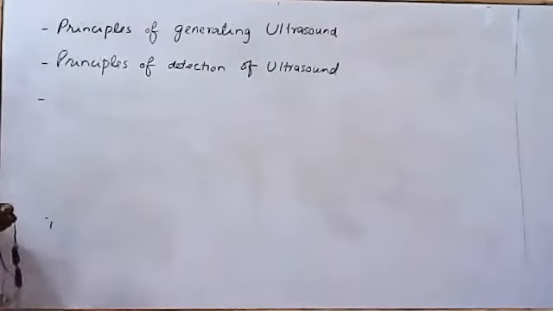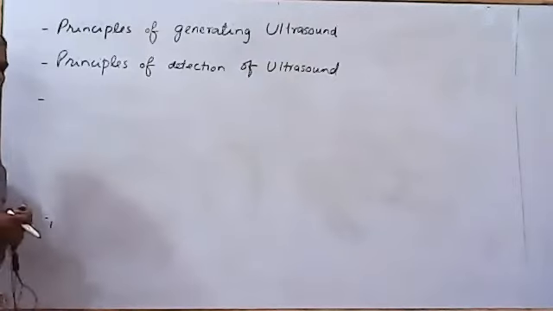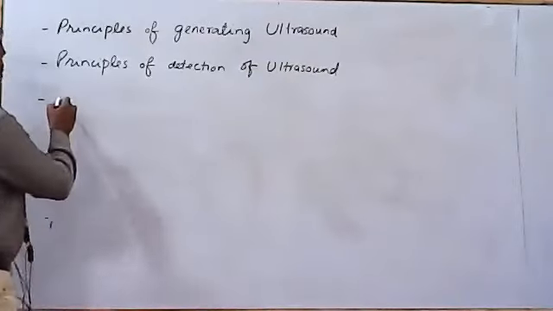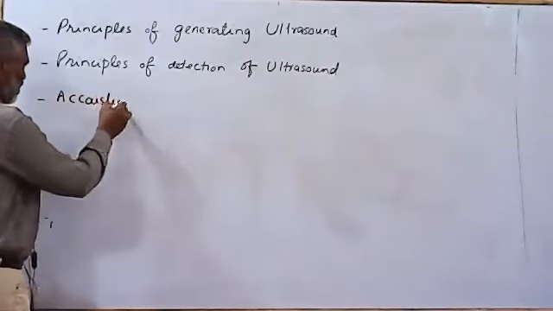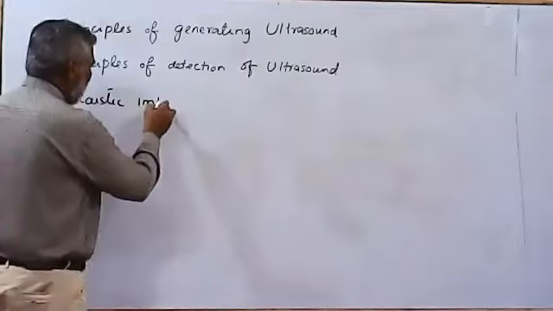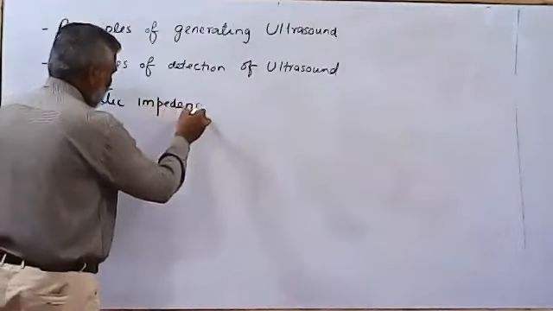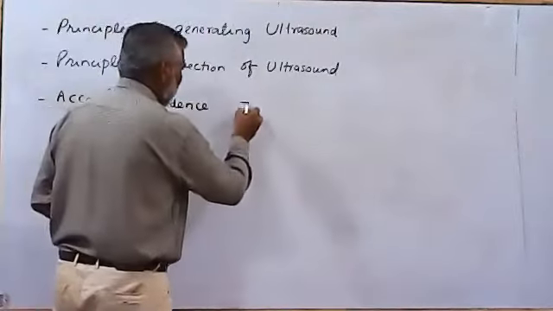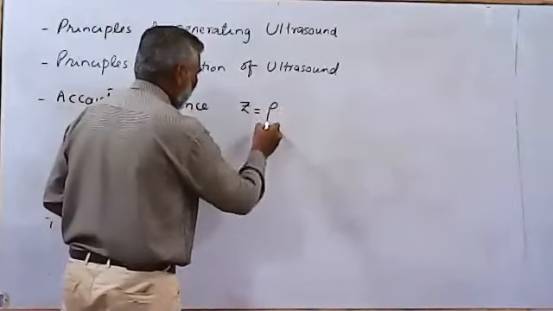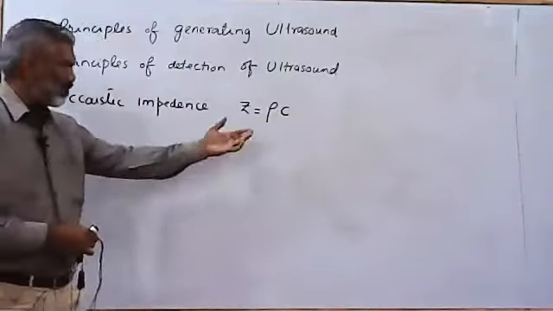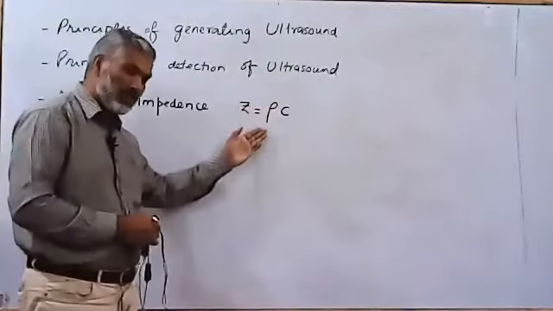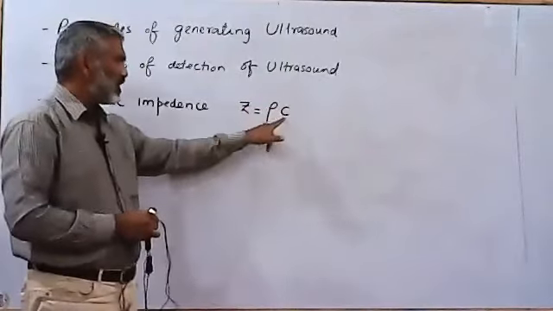The next part on which we had a discussion is acoustic impedance. Acoustic impedance was defined and discussed as the product of the density of a medium and the speed of sound.